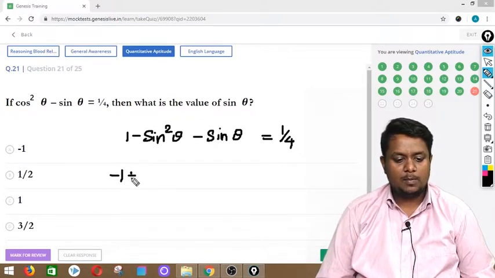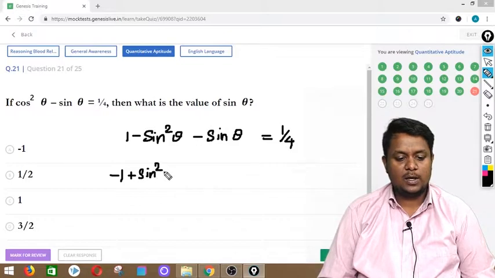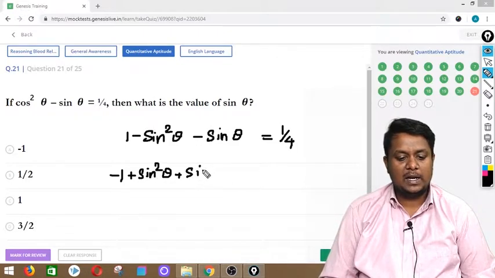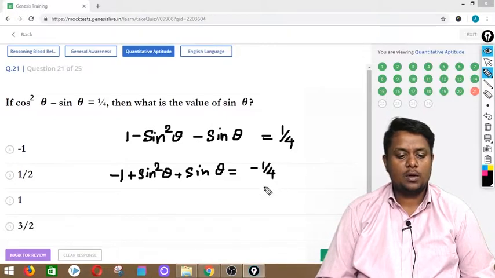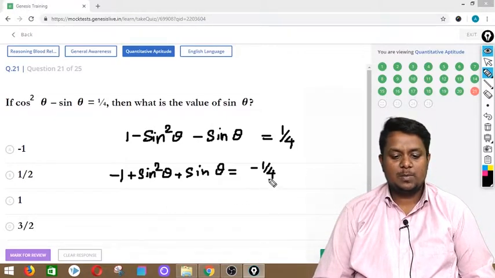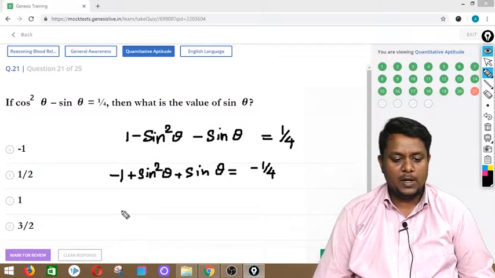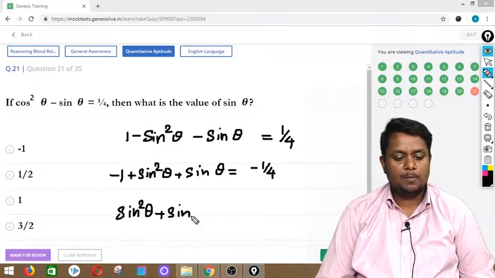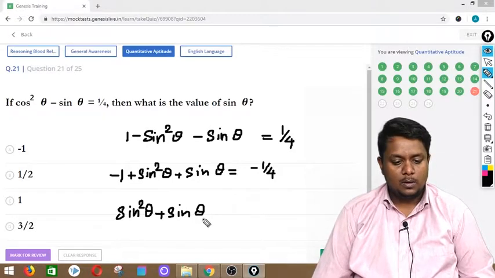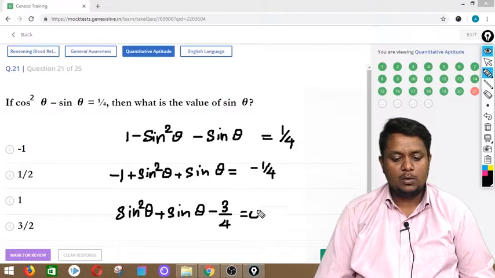Minus 1 plus sin square theta plus sin theta is equal to minus 1 by 4. Now minus 1 by 4 comes to the right hand side. It will be sin square theta plus sin theta minus 3 by 4 is equal to 0.